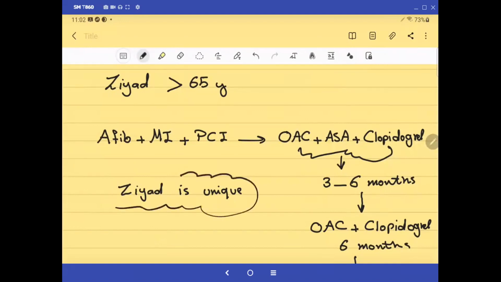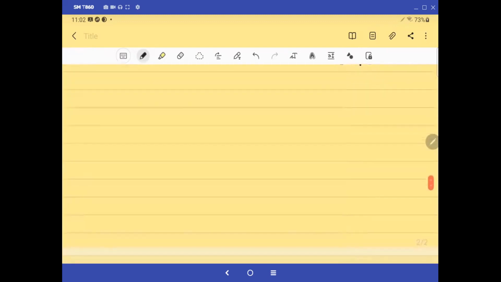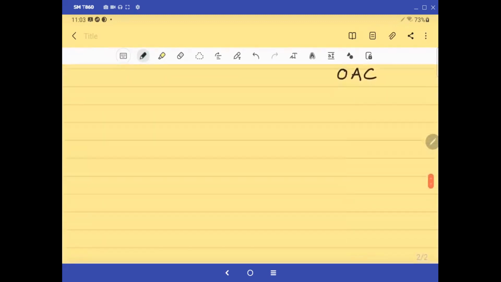I'm sorry. Can I ask you a question, doctor? Yes. There is a case where patients have Afib, but there is no PCI and no cardio problem yet. In this case, do we need to give him anticoagulant or antiplatelet? I'm sorry, what's his age? Let's say above and under. I mean only Afib.